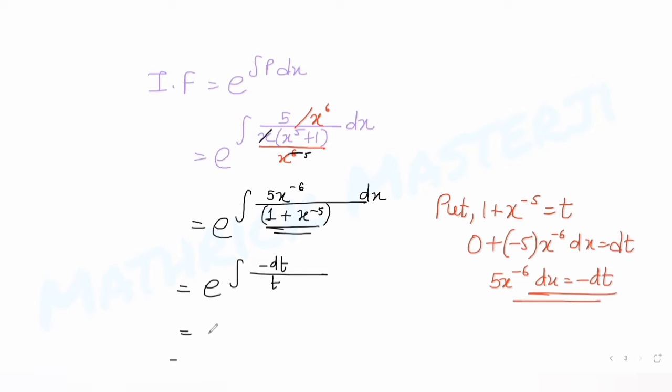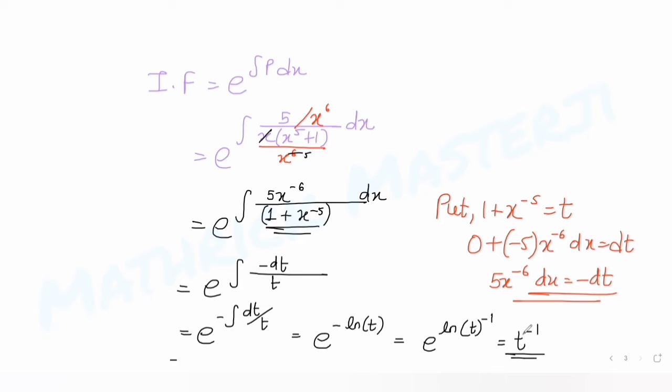Now if I solve this further, I get e raised to minus integral dt over t, and that makes it e raised to minus log of t, which is e raised to log of t to the power minus 1. And we know e raised to log of f of x is nothing but f of x. So you get this entire thing as t to the power minus 1, which is nothing but 1 over t.